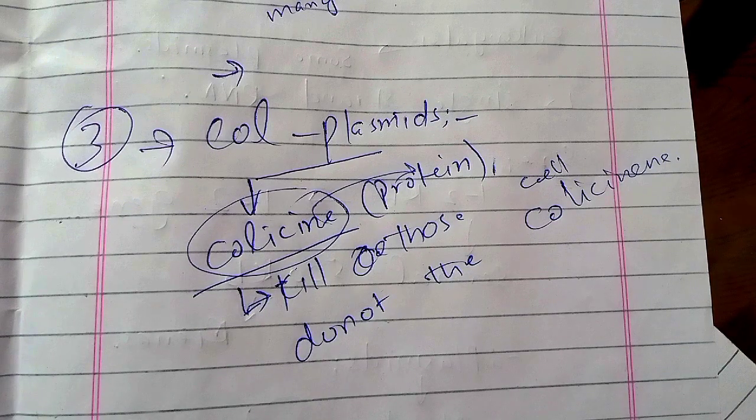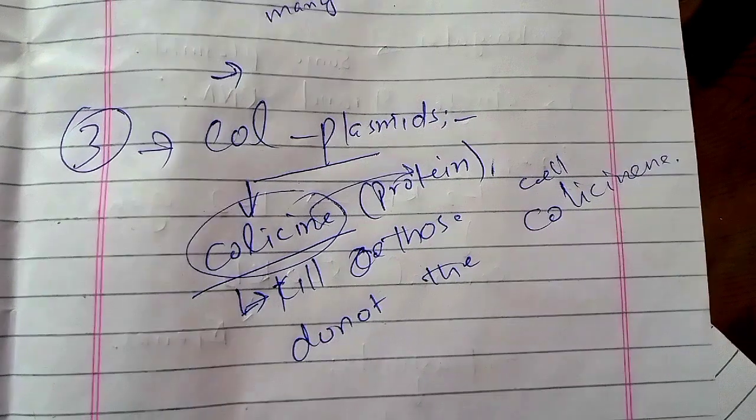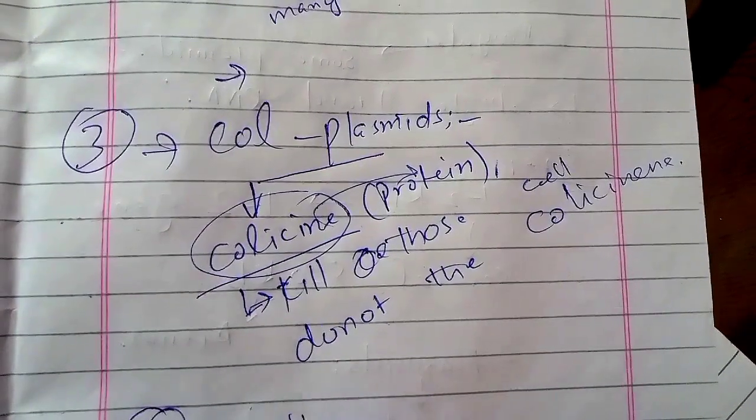The second ability is the same as that of the R plasmid and F plasmid: it can transfer the colicin plasmid from those cells which have Col plasmids to another cell which does not have Col plasmids. And number four is the virulence plasmid.